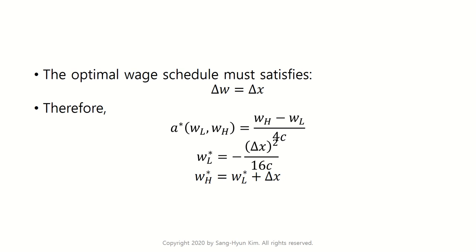Okay, and the optimal WL star is given by this: minus delta x squared over 16c.